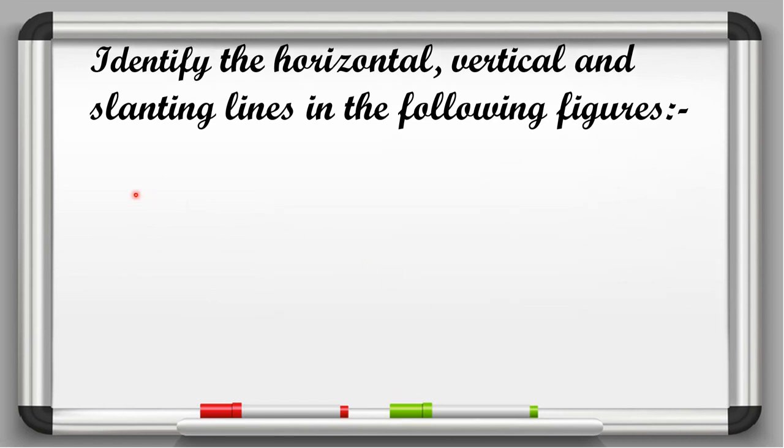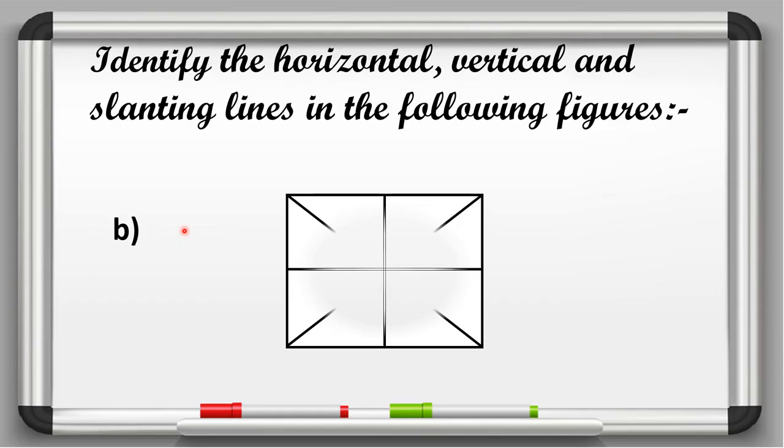Now in B part, this figure is given. Now you can see that there are so many lines. Now we have to write which is the horizontal, which is the vertical and which is the slanting line. So here let's start with horizontal line. So in horizontal line, this is the sleeping line.